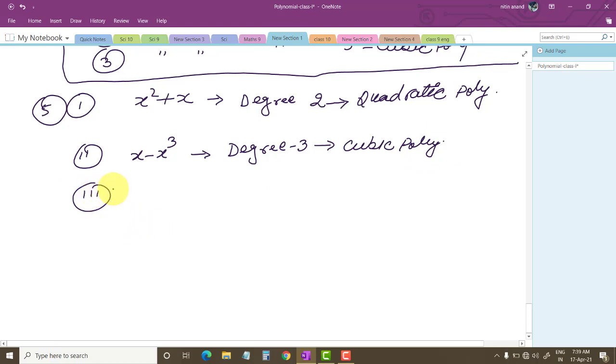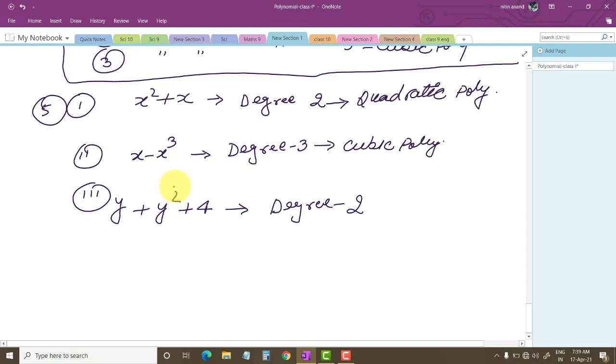Now question 3 says y plus y square plus 4. Firstly we will see the degree, and then we will decide which type of polynomial this is. This polynomial has degree 2, because the maximum power of the variable is 2.